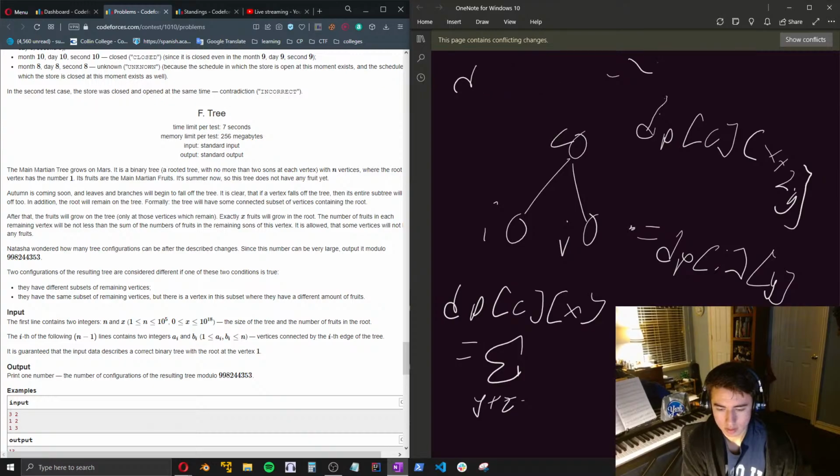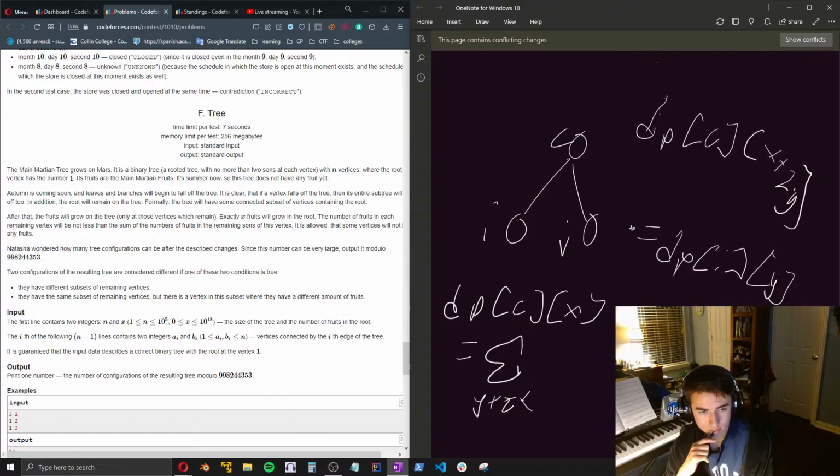Let's say dp of right, let's see. Sum of Y plus Z is less than X. We're saying a dp of C X is the number of combinations that make a tree with exactly this sum, less than or equal to X. Two times dp of I Y times dp of J Z, I Y times J Z. Right, that's basically it.